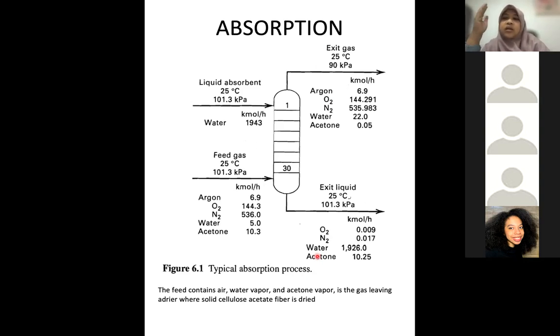In the desorption column, sometimes we swing the operating condition, for example, to make it higher pressure, higher temperature, or lower pressure. So the dissolved gas will be released into the gas phase at that time.